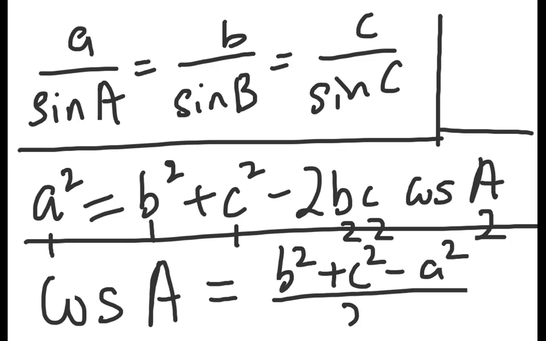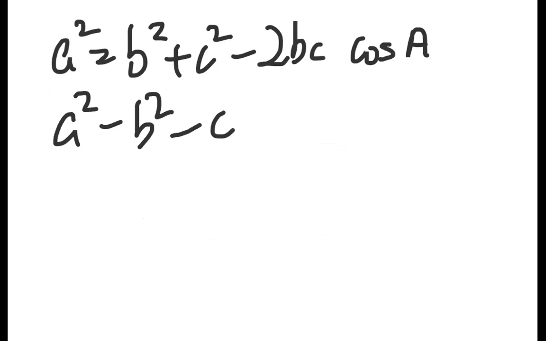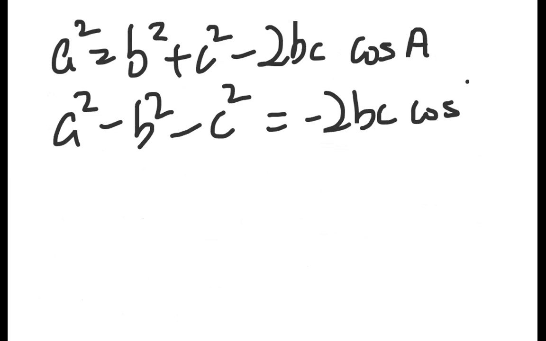Bagus lah. Okay. Let's say you don't remember this. How you going to do this is, kita ambil A square equals to B square plus C square minus 2BC cosine A. So A square minus B square minus C square is equals to minus 2BC cosine A. I want to remove the negative sign, so I times negative on all sides.